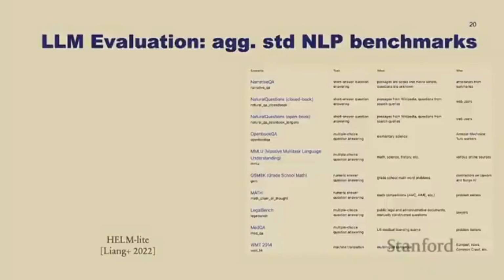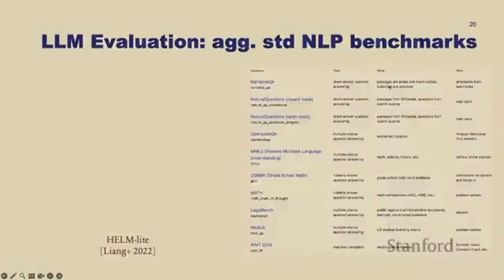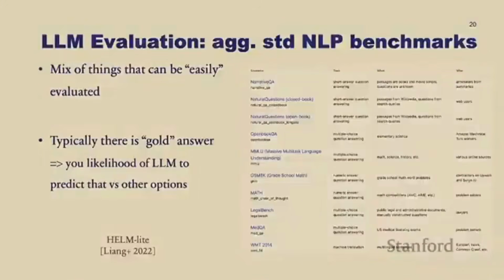One such benchmark, or actually two, are HELM, which is from Stanford, and the Hugging Face Open LLM Leaderboard, which are probably the two most common ones right now. Just to give you an idea, in HELM there are all of these types of tasks, which are mostly things that can be easily evaluated, like question answering. Think about many different question answering tasks. The benefit of question answering is that you usually know what the real answer is.